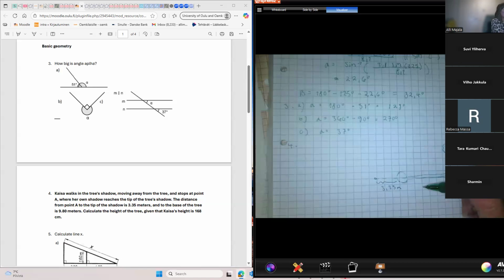And it has to be the point A, to the base of the tree, from point A. So somebody has to be standing here.